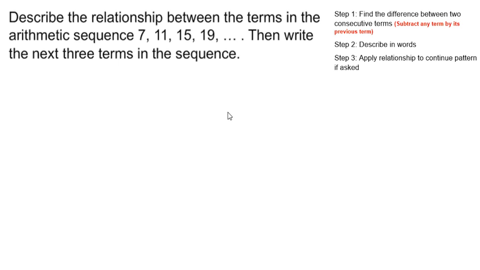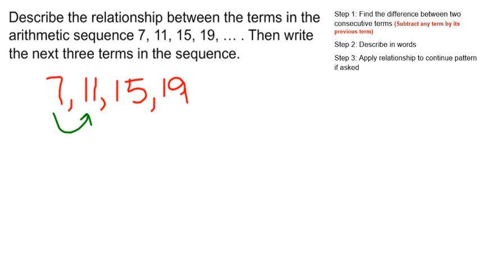Here's another example with whole numbers, and then we're going to move on to rational numbers as well. So we're going to describe the relationship between the terms 7, 11, 15, and 19. Again, we're going to describe how it changed. How did we get from 7 to 11?